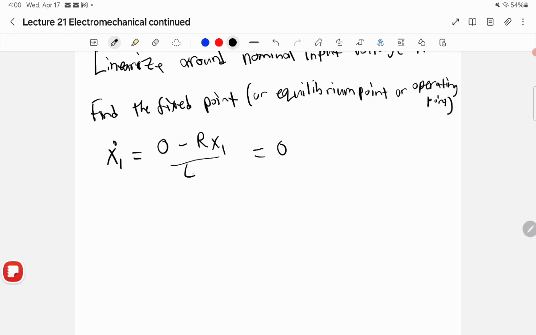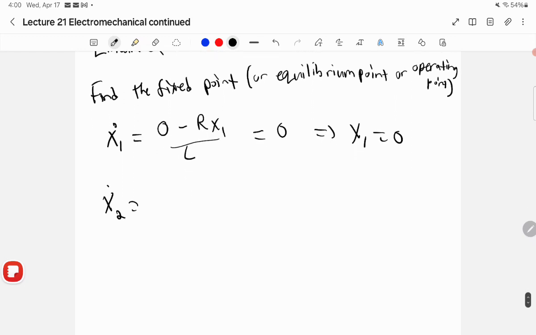So here we can see pretty easily that x1 is equal to 0. That's going to be true without any input for the rest of these as well. x2 dot equal to x3 equal to 0 implies x3 is equal to 0.